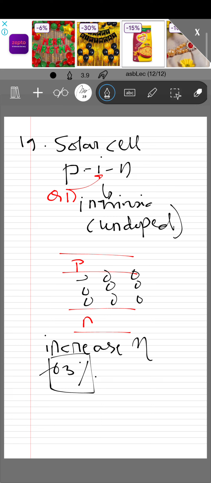Now this PIN diode is placed for a certain reason. This PIN region is also known as the drift region, and it is used to handle high voltage and high power.